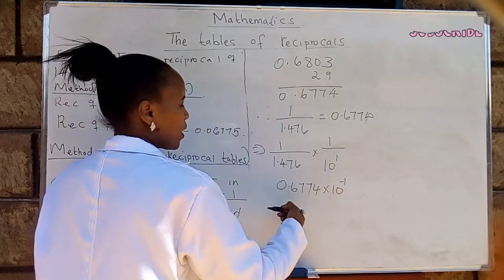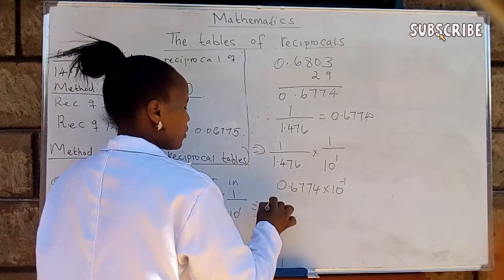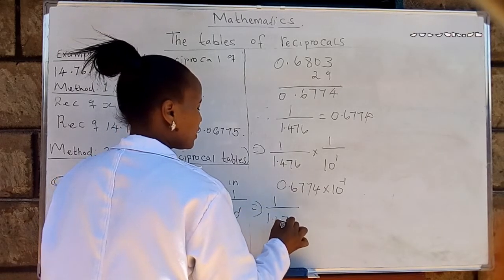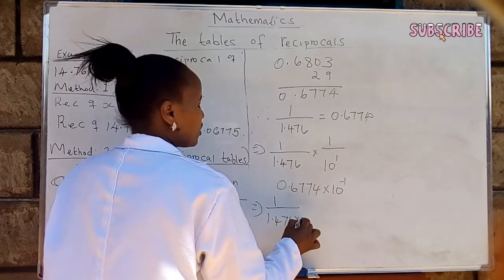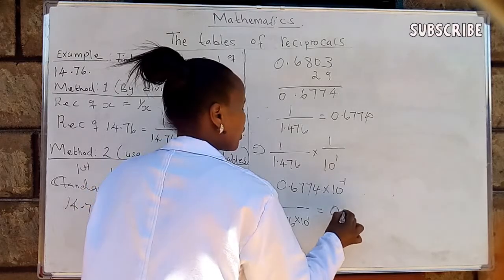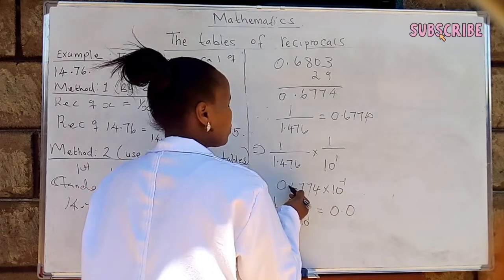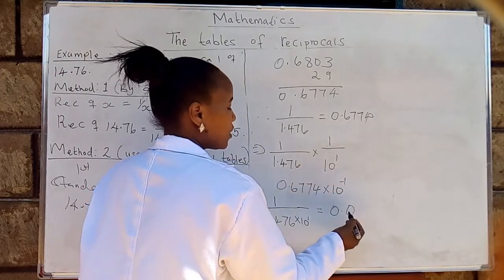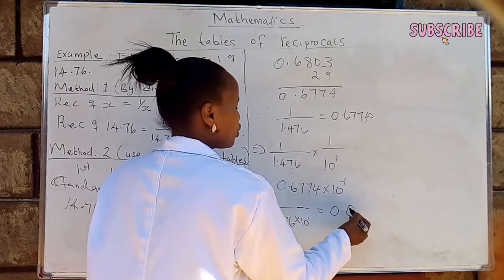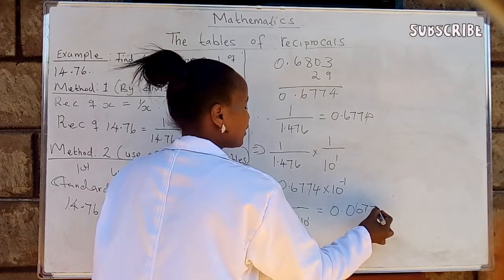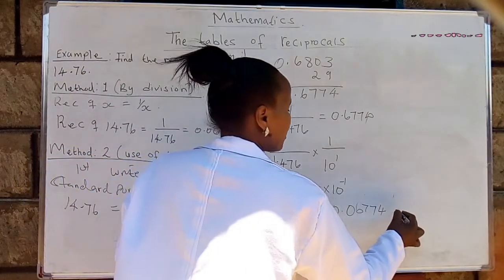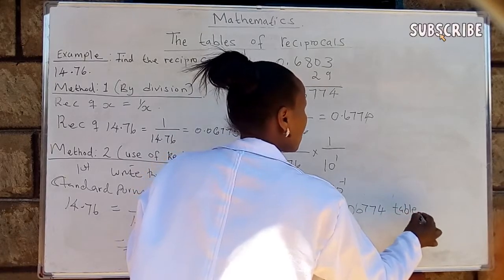And therefore the overall reciprocal of 1 over 1.476 times 10 power 1 shall be 0.06774. We are moving the decimal towards the left because the index here is negative. This is the answer from the tables.